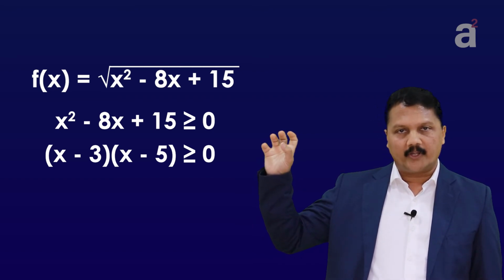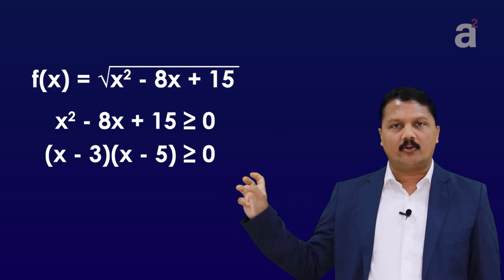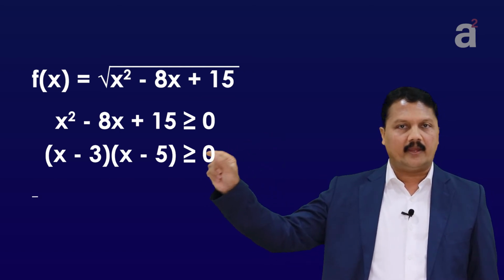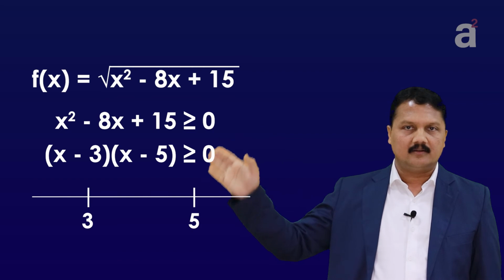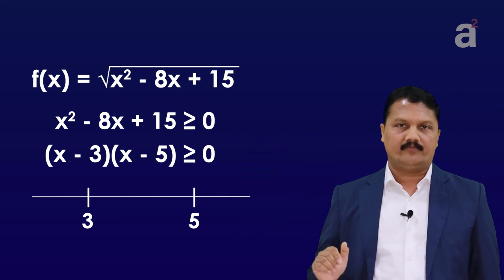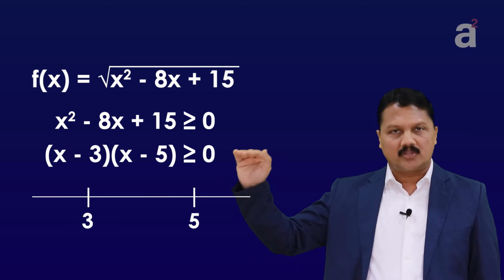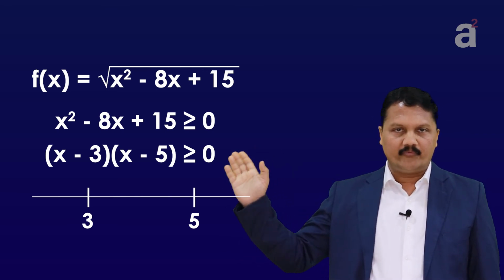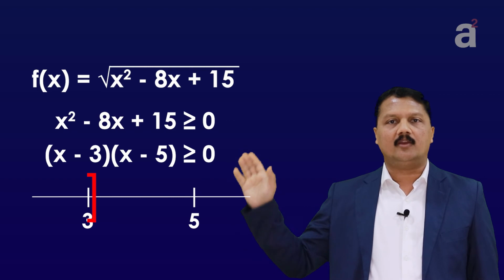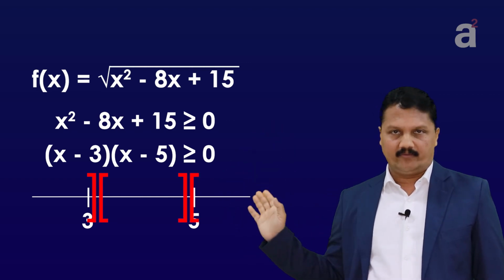When the product of two numbers is greater than or equal to 0, we normally draw a number line. Then we mark these two numbers, 3 and 5. Now, this number line is divided into three parts. Before 3, in between 3 and 5, and after 5.